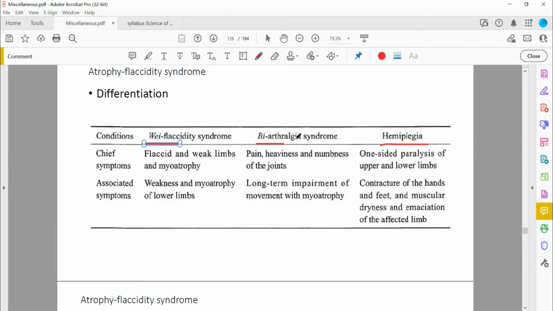And the Bi syndrome, there will be pain, heaviness, and numbness of the joints. Hemiplegia, that's one-sided paralysis of upper and lower limbs. So one side of the body cannot move. This one usually we call the sequela of the wind stroke, the stroke.